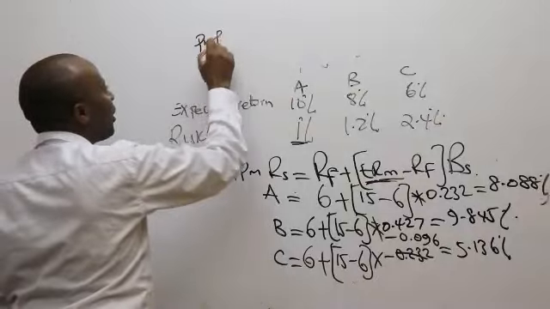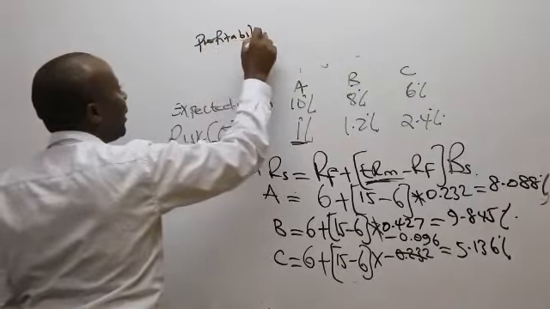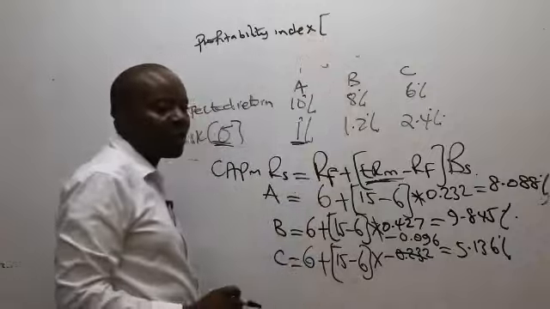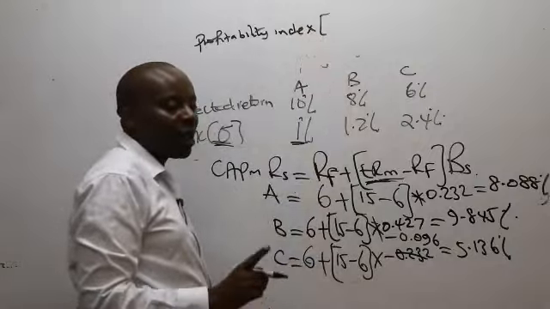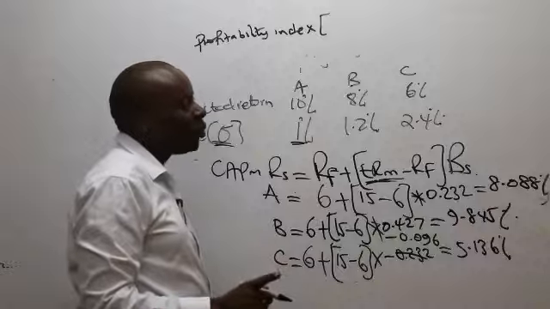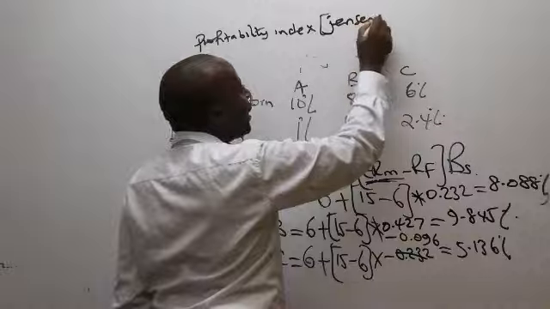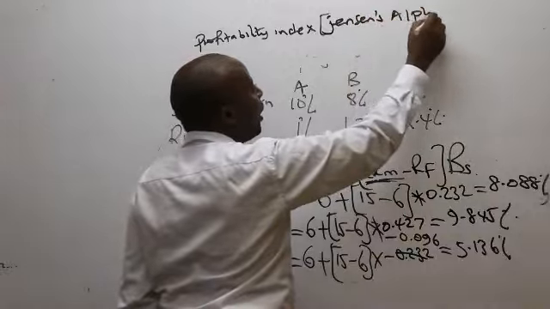Profitability index is what we use to decide between projects and say this project is a loss-making one, this project is a good one. So for the profitability index, we are supposed to calculate the Jensen's alpha value.